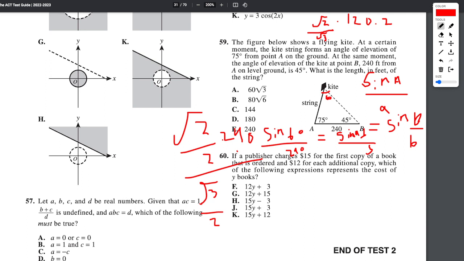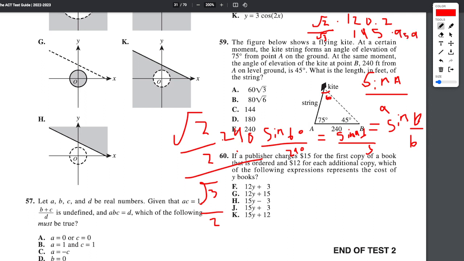But essentially, sine 45 times 240, and then that divided by sine 60 should give us 195.959.